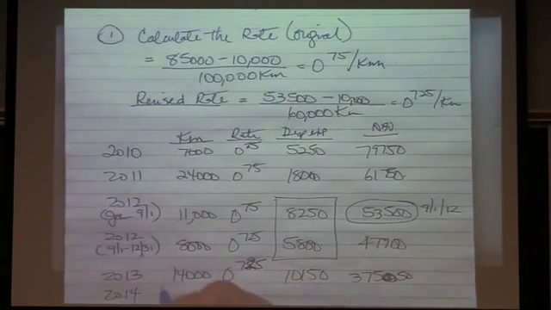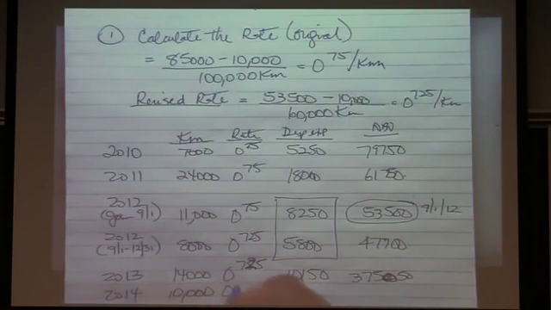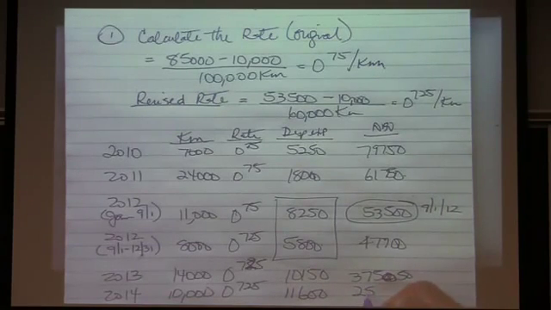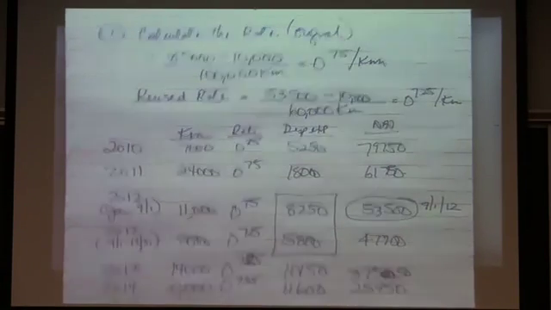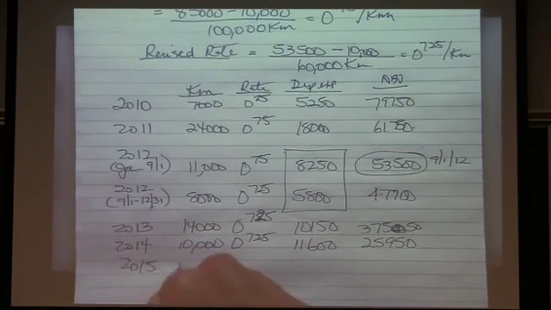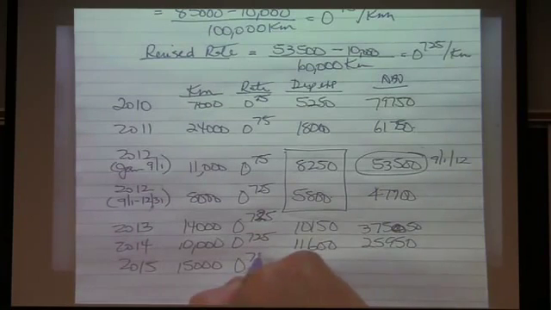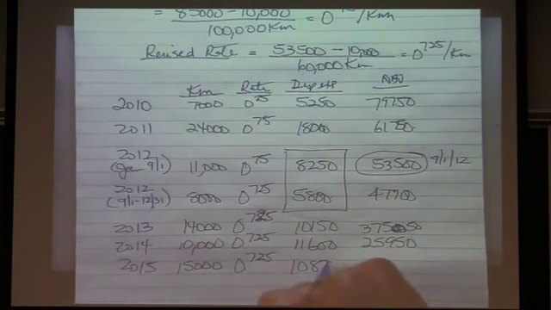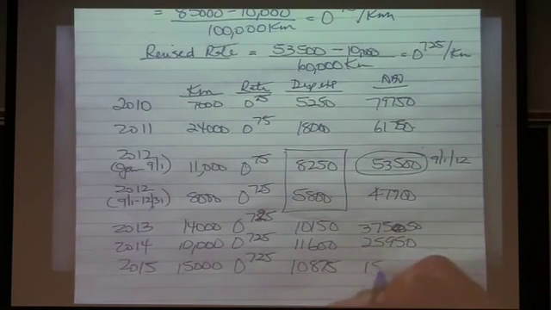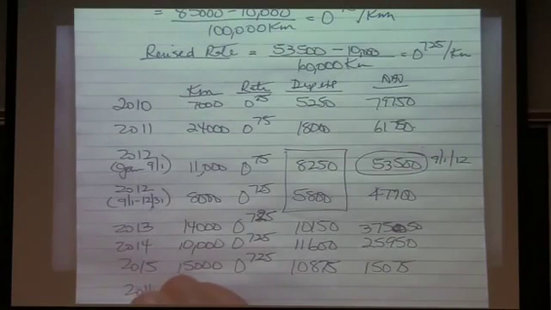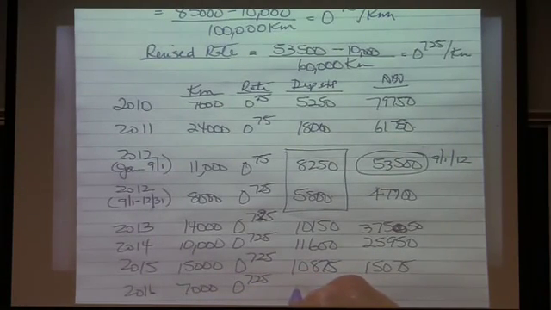And in 2014, it was 10,000 kilometers, and that gives us 25,950 as the net book value. 2015, the total kilometers was 15,000 at 0.725, which is 10,875. That leaves 15,075. And 2016, the last year, was 7,000 kilometers at 0.725. And that gives us 5,075.